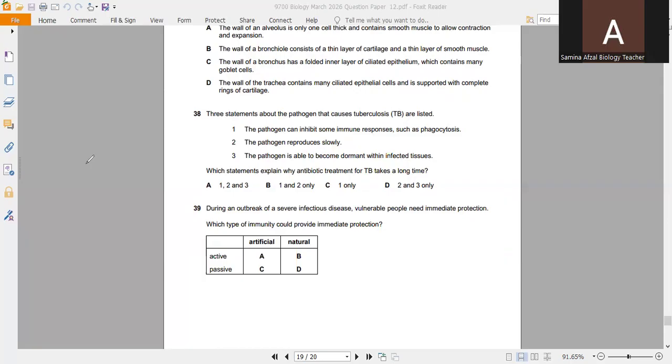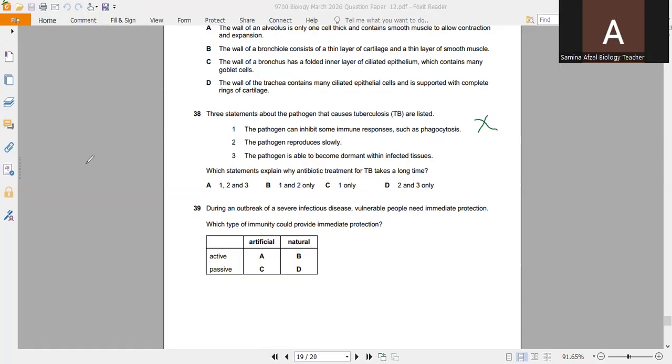The statement does explain how the pathogen evades the host immune system, but it does not directly explain why the chemical antibiotic treatment itself takes so long to eliminate the population. So this is not a correct statement.